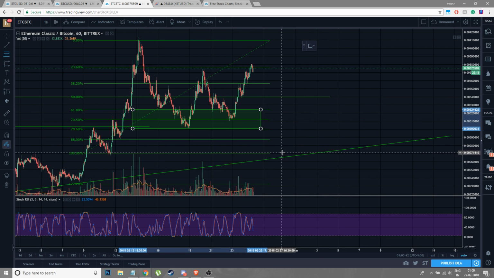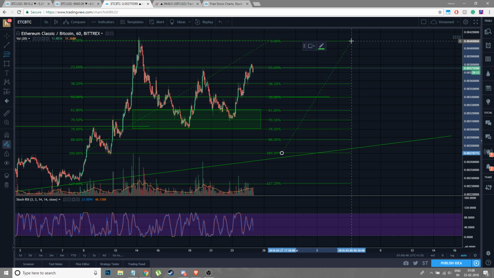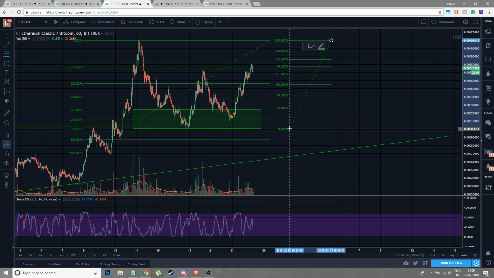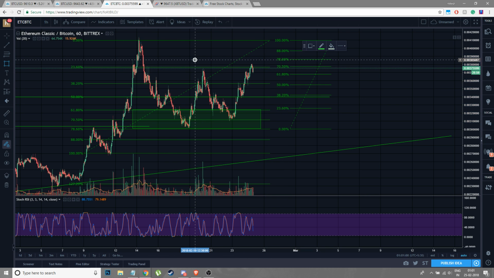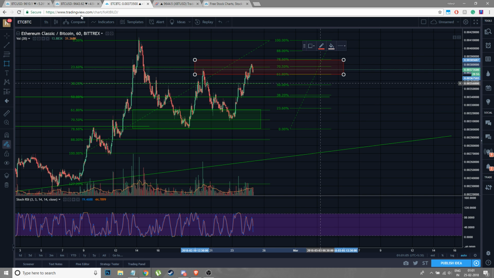Where to the upside? Okay, hang on. This was the up move I called, with a buy at the green zone and the sell at the red zone.